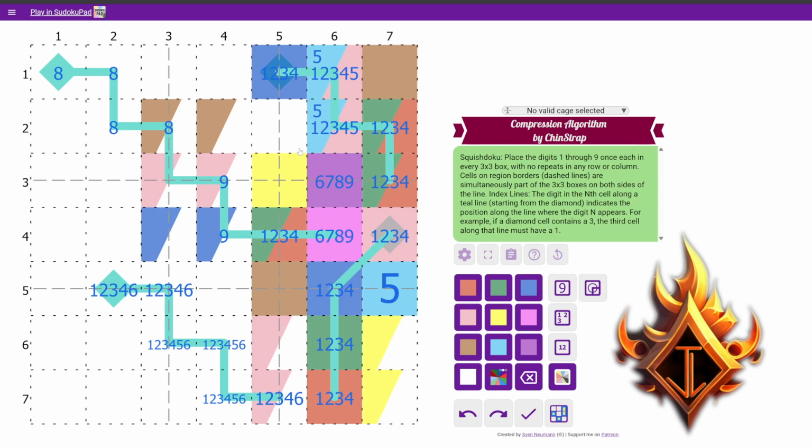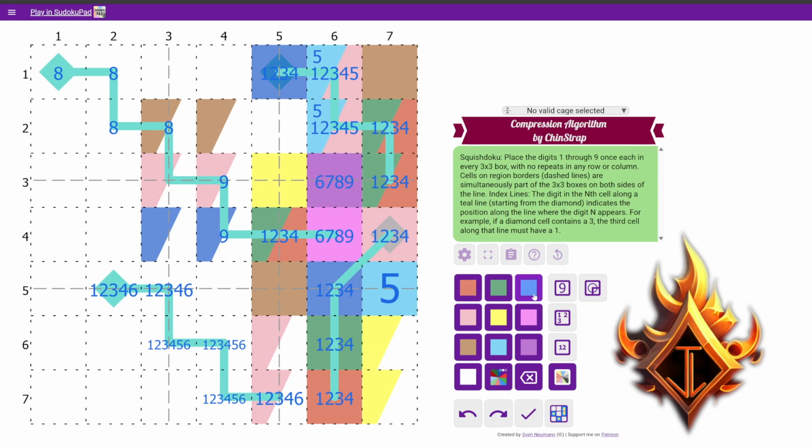I'm missing one in this row, which is... No, I can't do it like that. I can't say I'm missing one in the row. Or, well, maybe I can, actually. It would be between the row and the 3x3 box. Well, let's just go through.